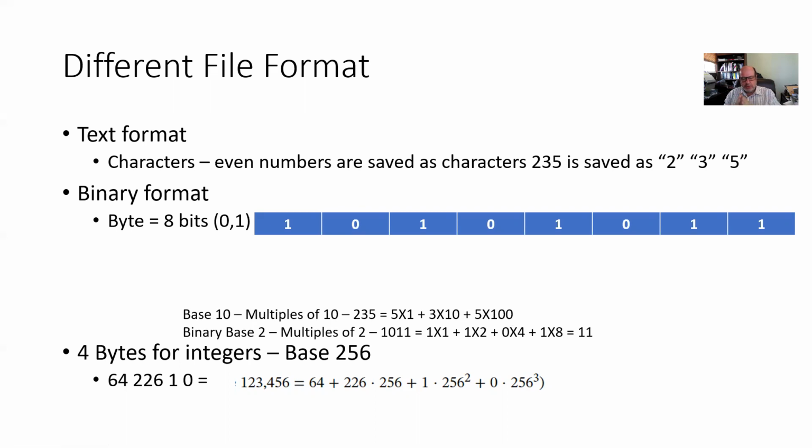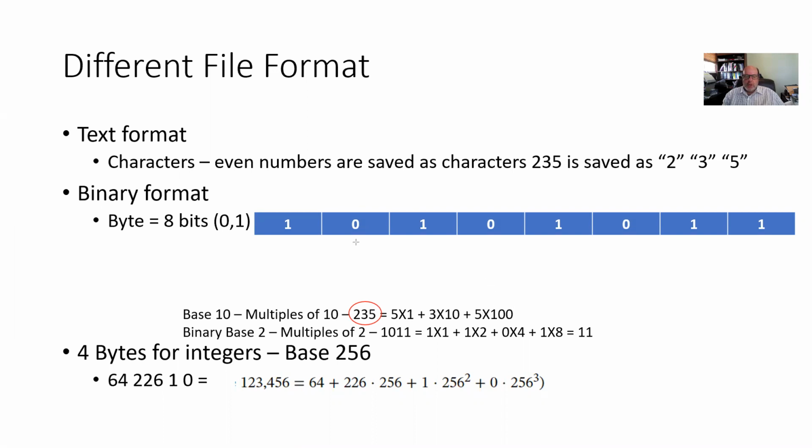So basically it's 10 to the 0, 10 to the 1, 10 to the 2, and so on. If I have a number like 235, that's basically 5 times 1, 3 times 10, 2 times 100. As I go right to left, I'm multiplying by 10.